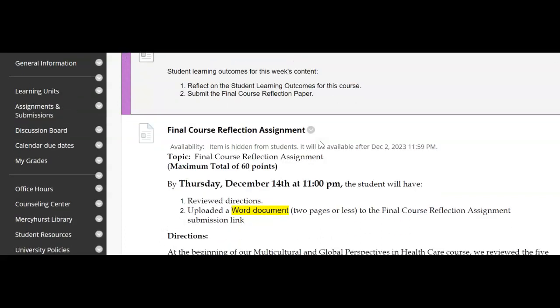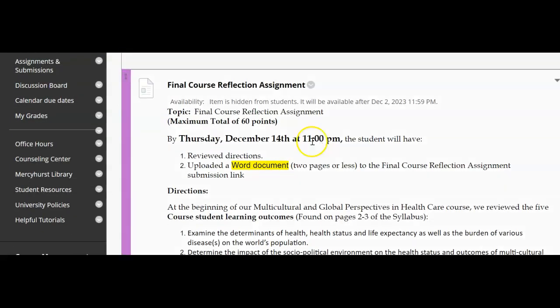So let's talk about that a little bit. Number one, it's a Word document of 2 pages or less. I'm not asking you to use APA format on this. Just make sure your name is on your paper when you submit it. By the last day of final exams, you will have completed the 60-point assignment.